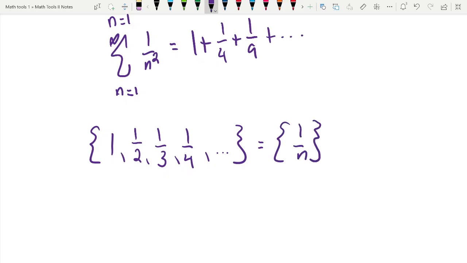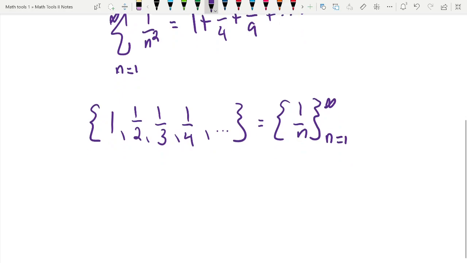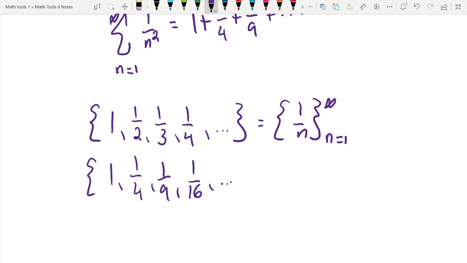And we might denote this as the sequence of 1 over n from n equals 1 to infinity. Okay. And you don't have to go to infinity. You could just go to 5 or 10 or 20 or whatever. Or maybe we do the other one, 1, 1/4, 1/9, 1/16, etc. And we would say this is the sequence of 1 over n squared from n equals 1 to infinity.